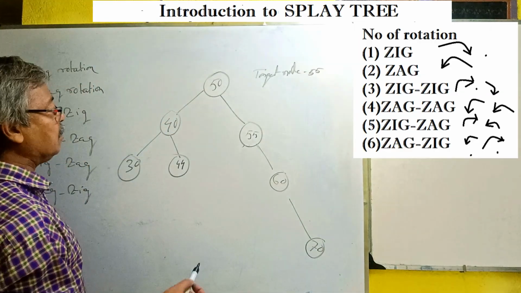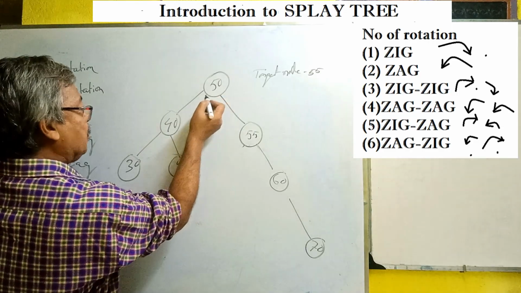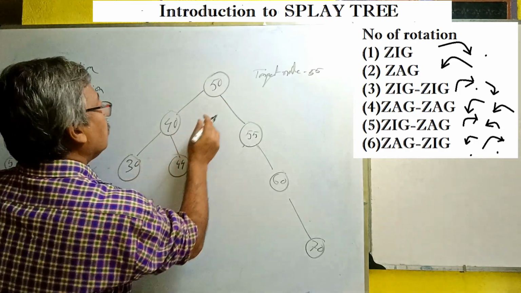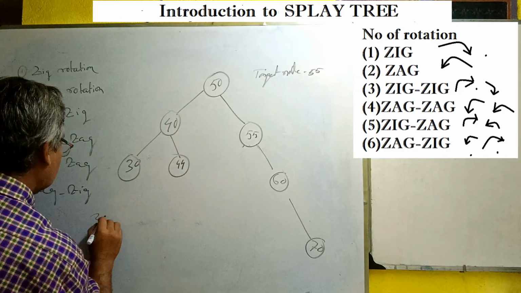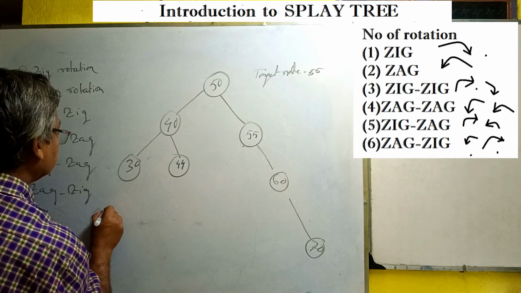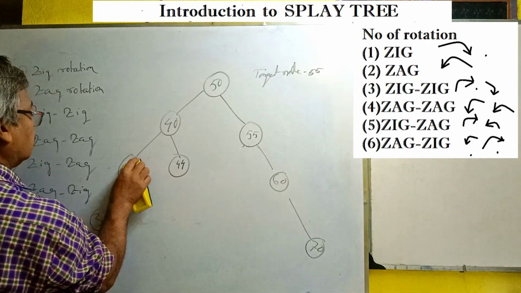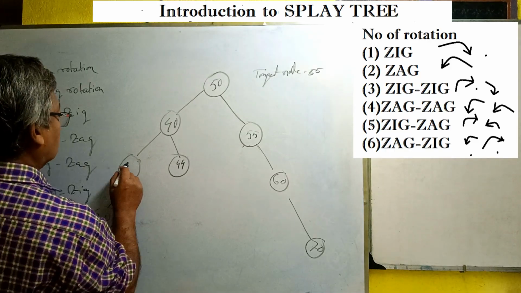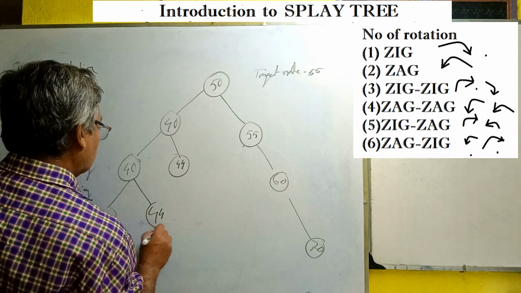How will this operation be performed? With one jack operation, 55 will come here, 50 will go downwards. So the whole setup will come down. 30 will come down, and then 40 will come here with one child, 44.